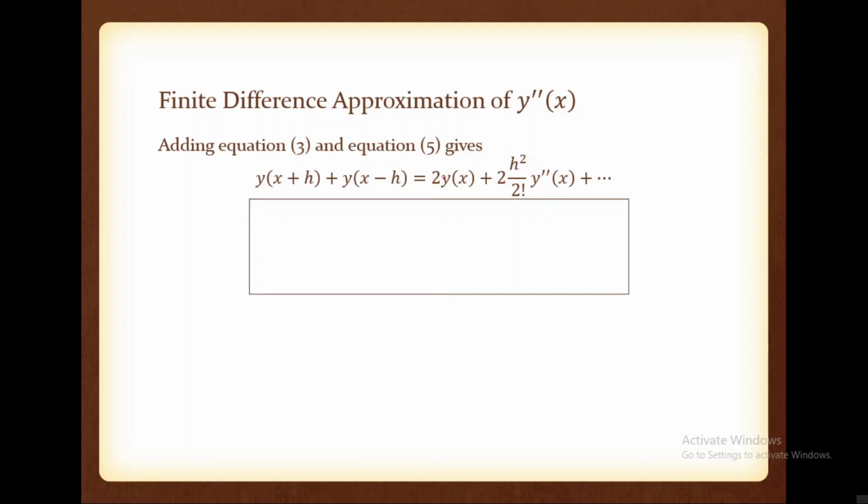So we have to move this 2y of x to the left hand side. Then here we have h square into y double dash of x. So divide the entire equation by h square. So we have y double dash of x is equal to y of x plus h minus 2y of x plus y of x minus h divided by h square. So this is the finite difference approximation of y double dash of x.